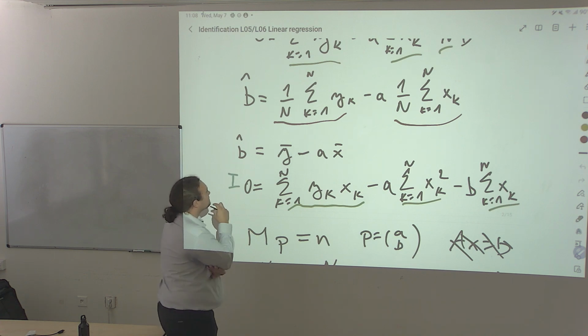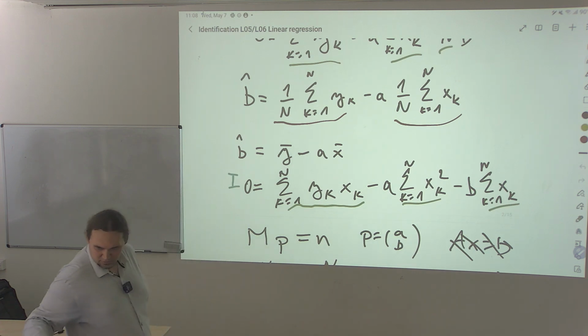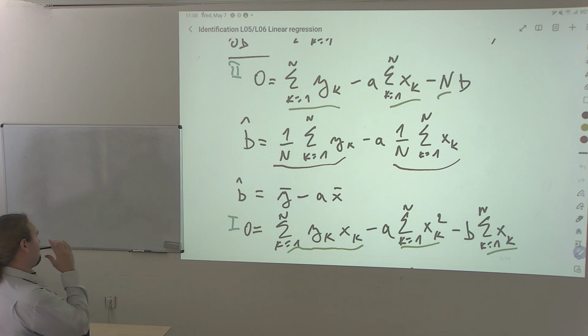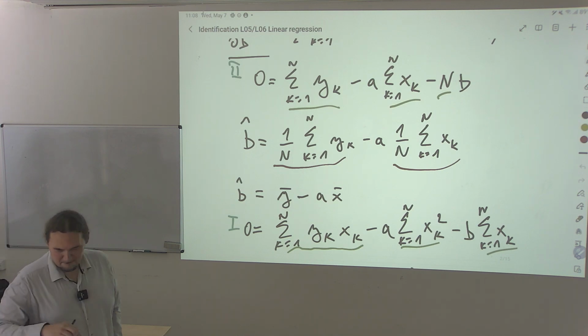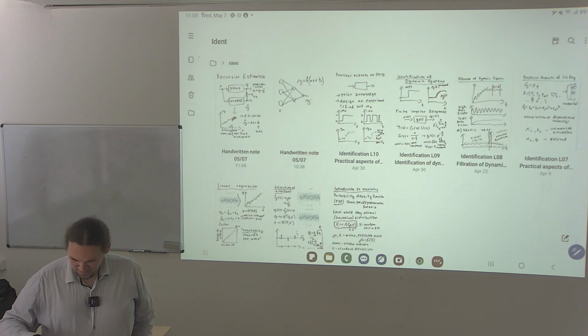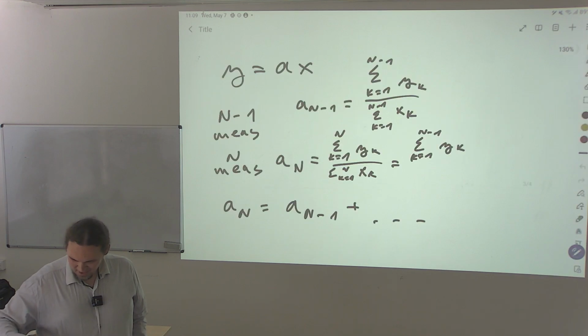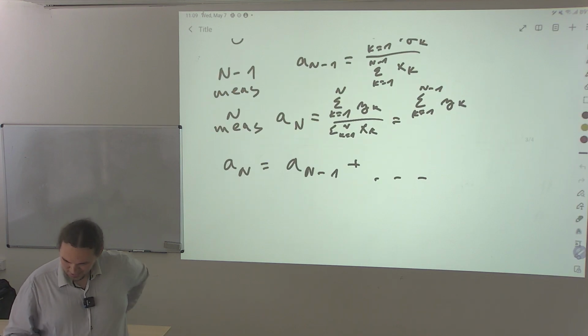Why is it better to take that one? I don't see any big difference. Let's see. Let's try in this version.